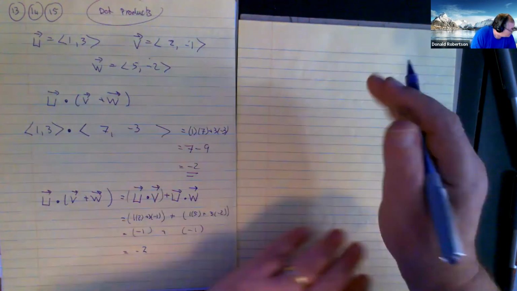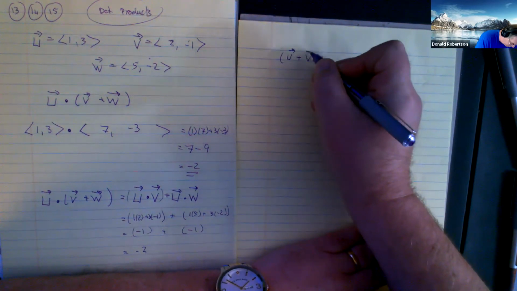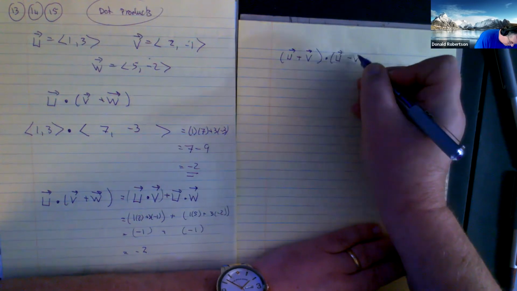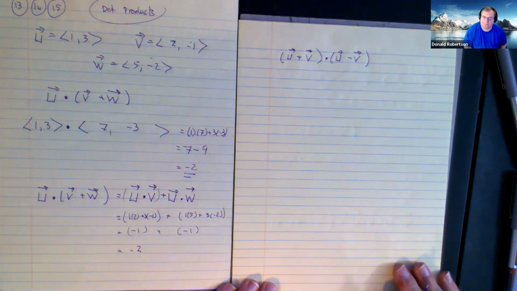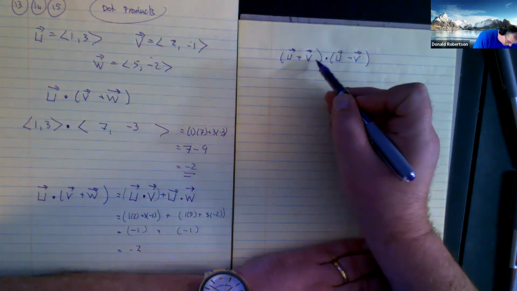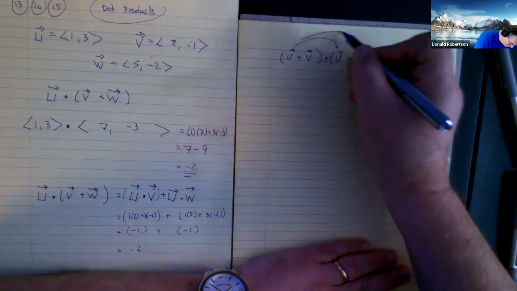Then what do you think this calculation would look like if we did the algebra? The algebra of vectors, (u plus v) dot (u minus v). Well, you can do a FOIL.